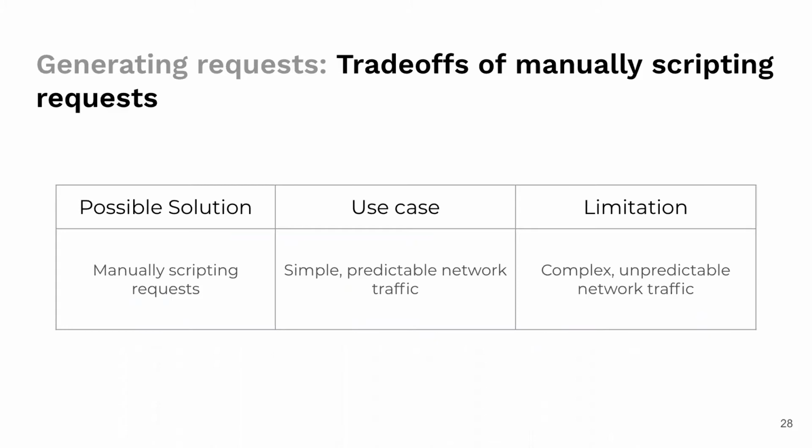However, the traffic a microservice is handling could be unpredictable, which might be the case if the traffic is generated by user actions, or if it's generated by upstream services that are frequently changing. In addition, the network traffic could be complex. It could have large amounts of data in various formats, which would make it difficult for the developer to create requests that accurately represent production traffic.